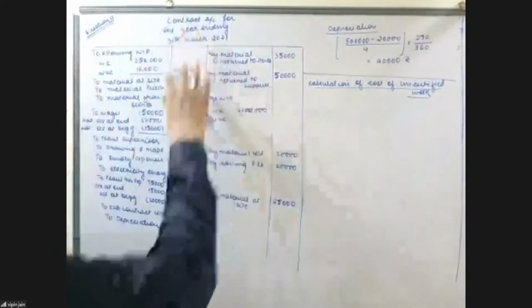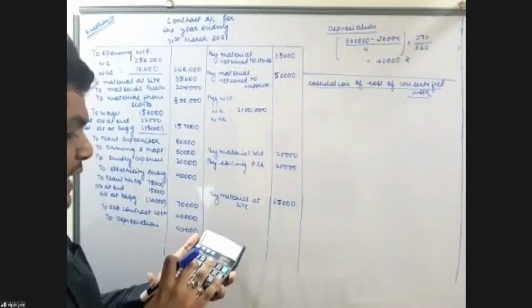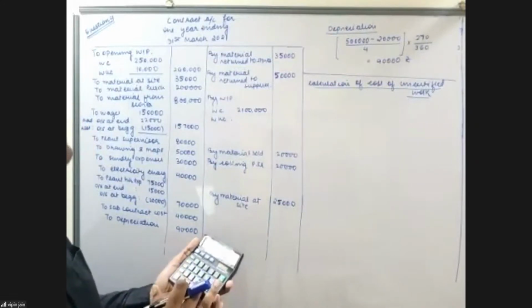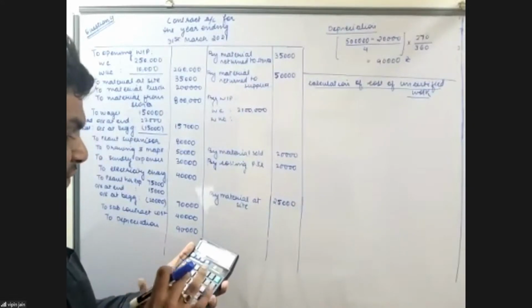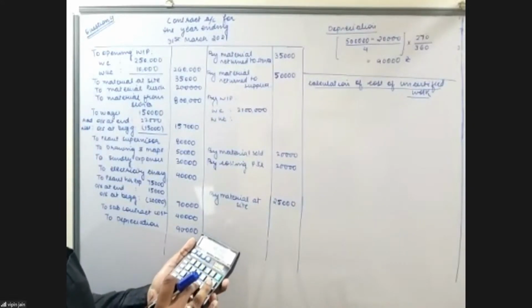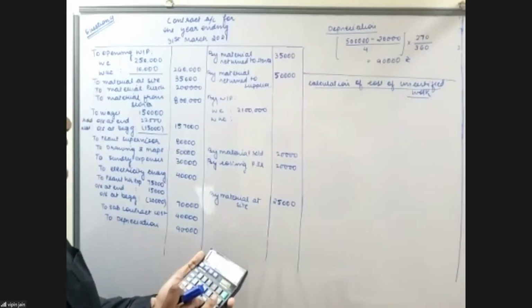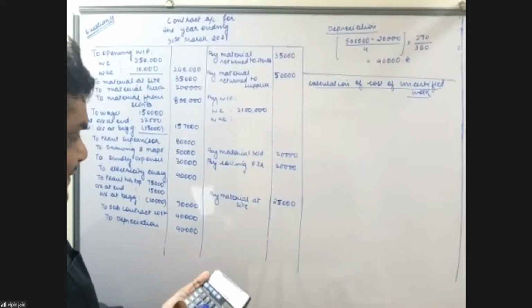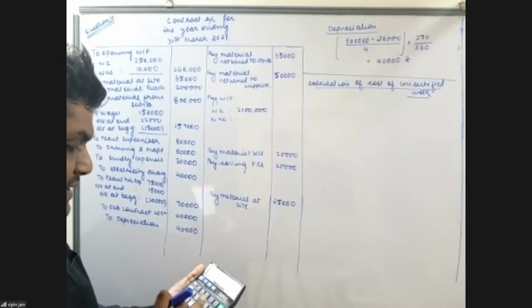So how much is the cost that is incurred till now? 2,60,000 plus 35,000 plus 2 lakh plus 8 lakh plus 1,57,000 plus 80,000 plus 50,000 plus 30,000 plus 40,000 plus 70,000 plus 40,000 and plus 90,000.